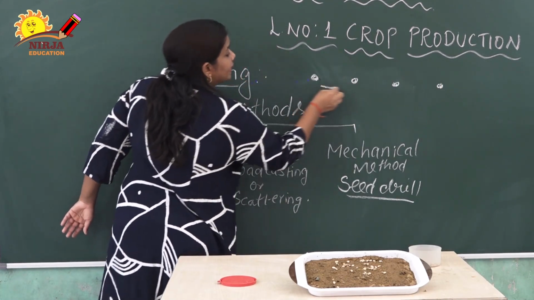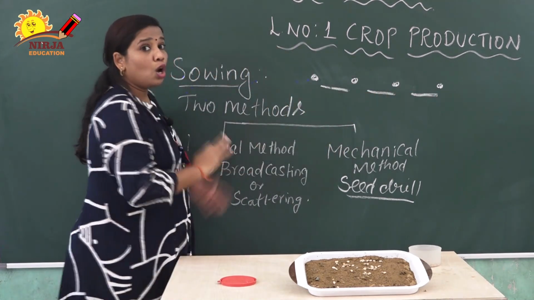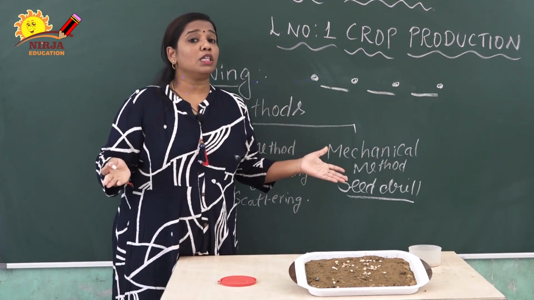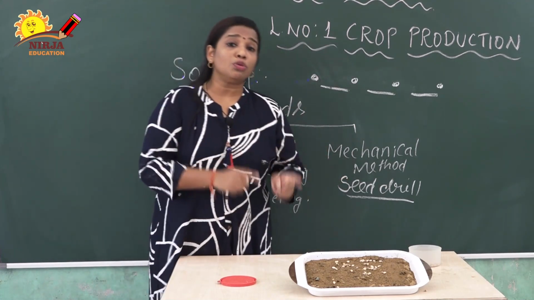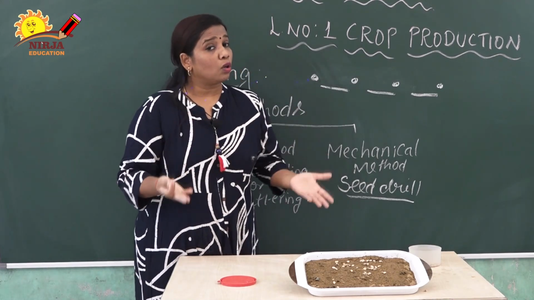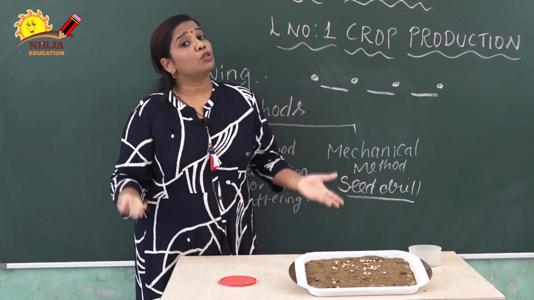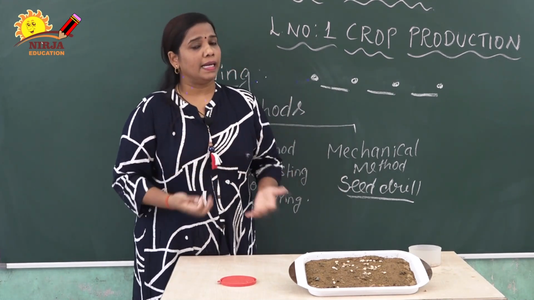So the proper distance is maintained between one seed and another. Here there is no competition between seeds. All the seeds get enough nutrients, air, water, etc. So the growth is more and the harvest is also more. Automatically the farmer gets a high yield.